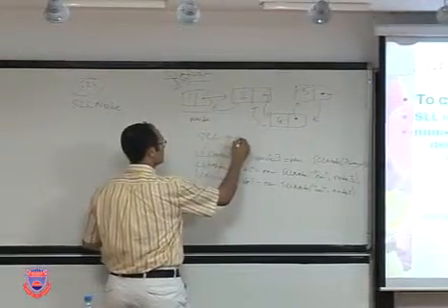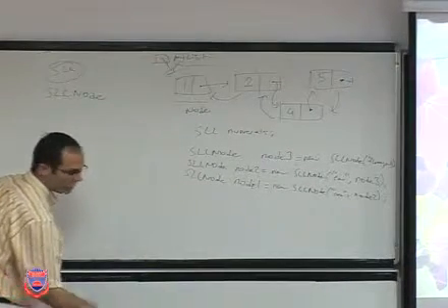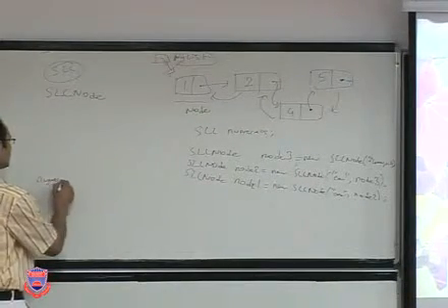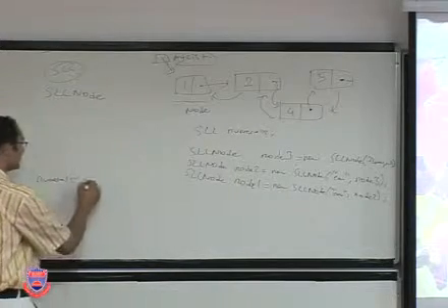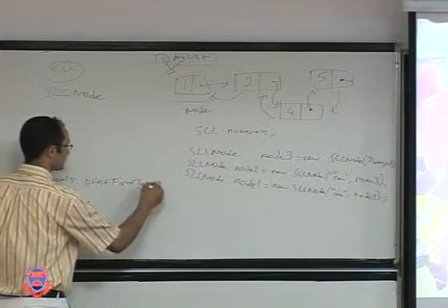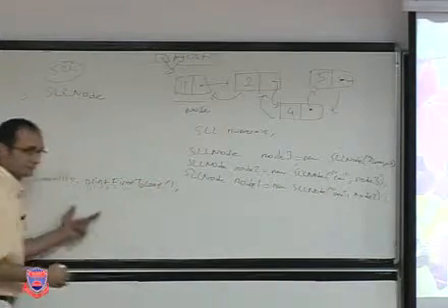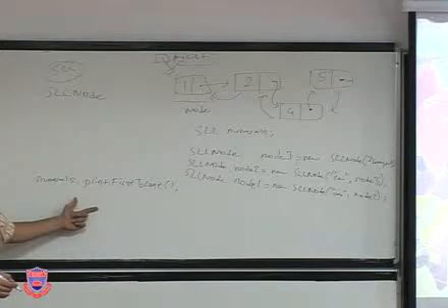SLL numerals. So I'd like to call this method, numerals dot print first to last, to print all the elements. And I'd like to write the internal implementation of this. How am I going to write this?